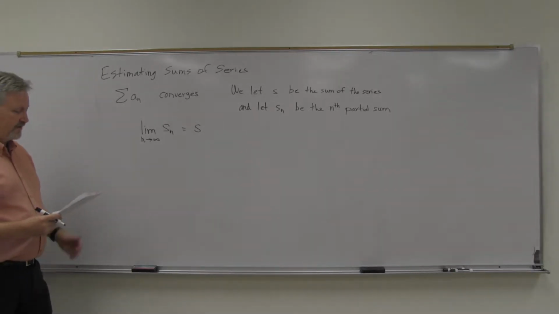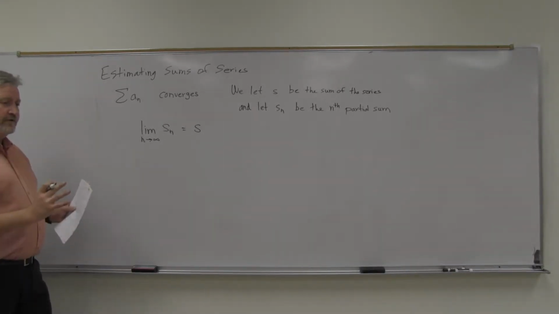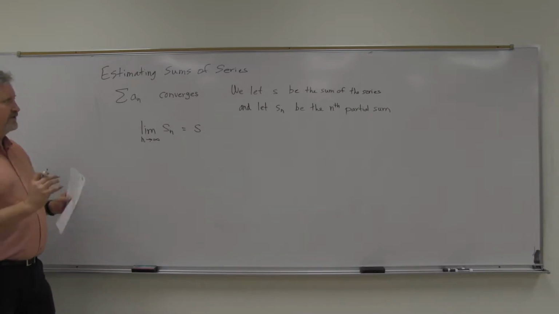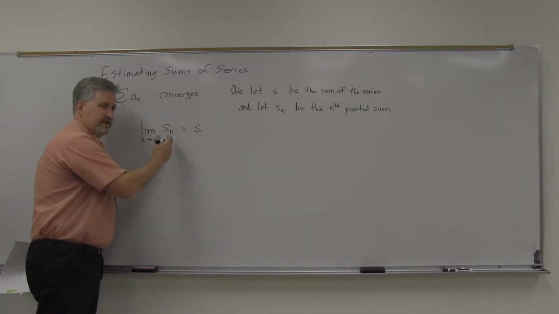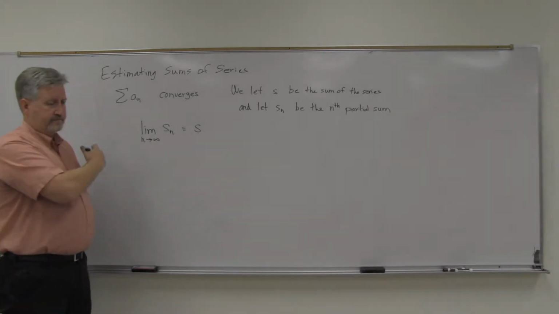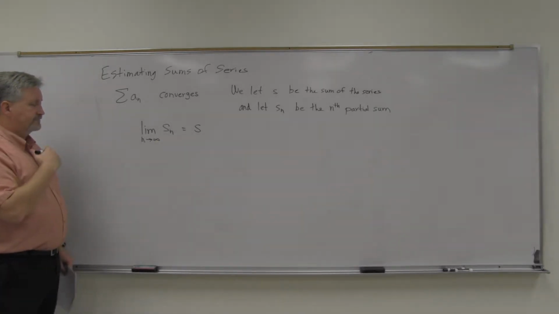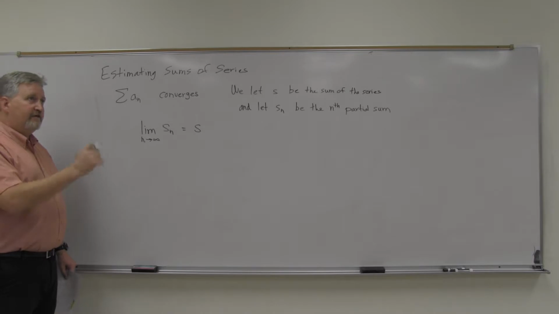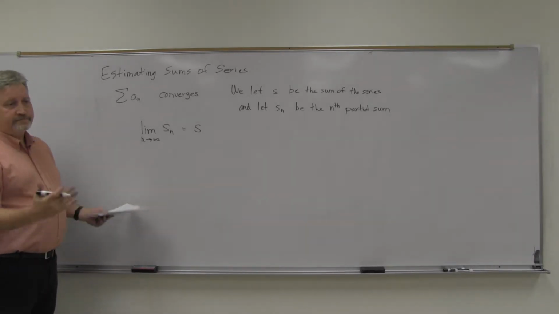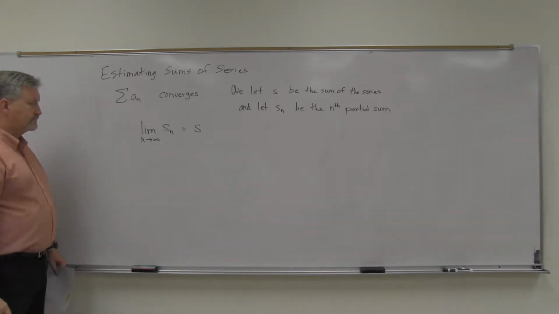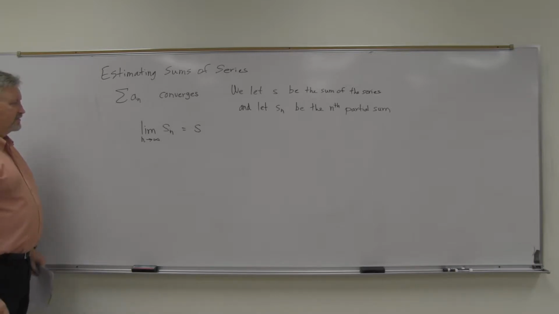All right, so how do we do that? If I use an nth partial sum, say the 10th one or the 20th one, how do I figure out how close I got? A lot of times that's the kind of answer you're looking for.